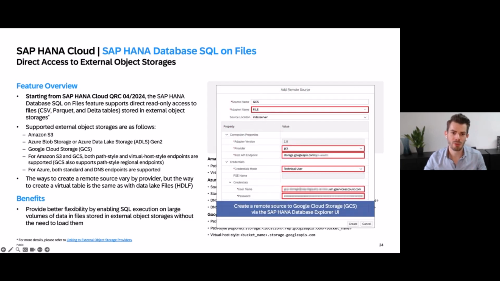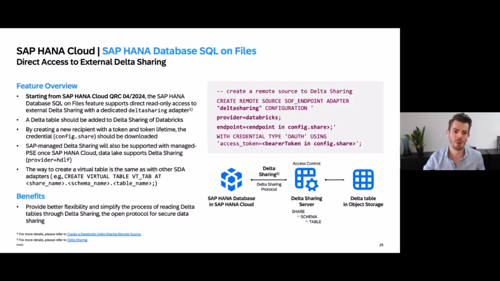So apart from the configuration via SQL, for sure, you also have the possibility to configure that via the tool. And additionally to the integration of external object stores, we now also have the possibility to integrate external data sharing being provided by Databricks. So this, from my perspective, is another fantastic addition, because I know there's many consumers of data sharing already around.